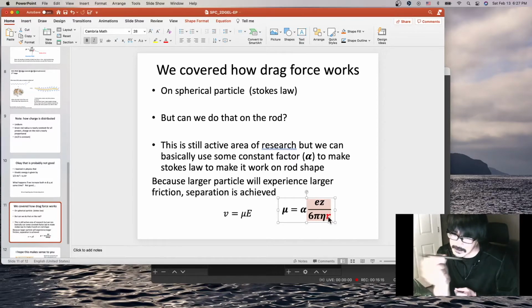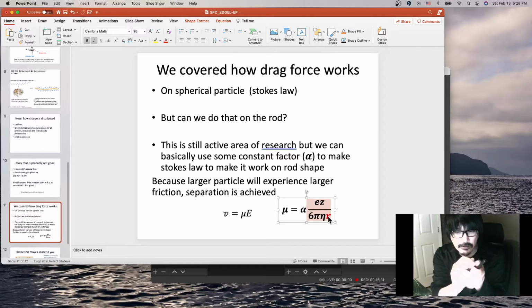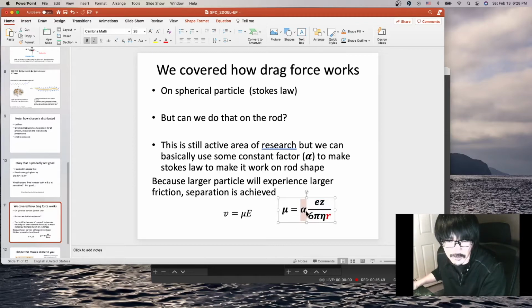So the movement of this rod has a friction that, if I fold these things into a ball, is 6 pi eta r, but when I change that to the rod, I just need to multiply 6 pi eta r by maybe a factor of 1.2 or 1.5 or something like that. That's the conversion factor of the friction coefficient.